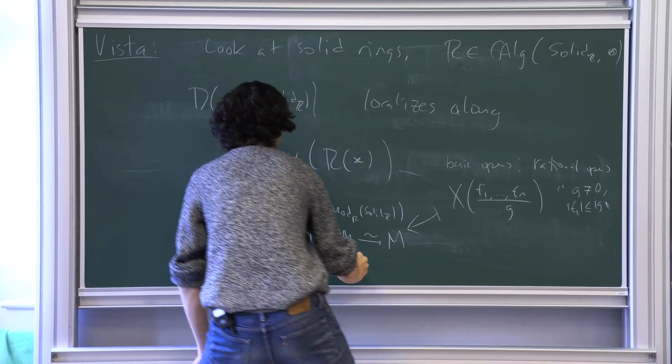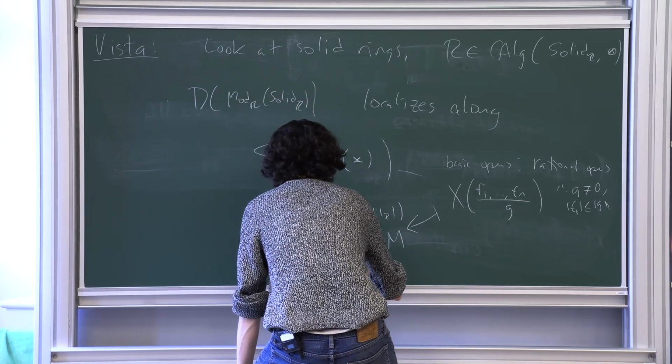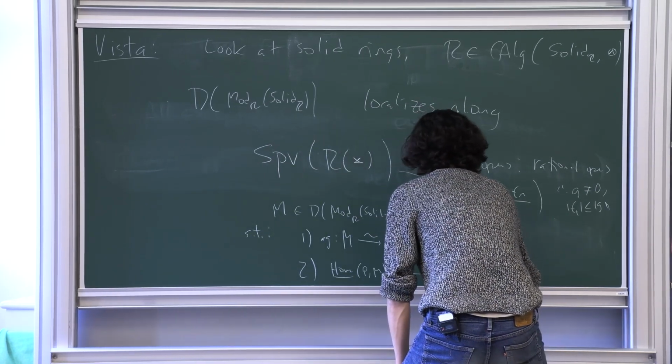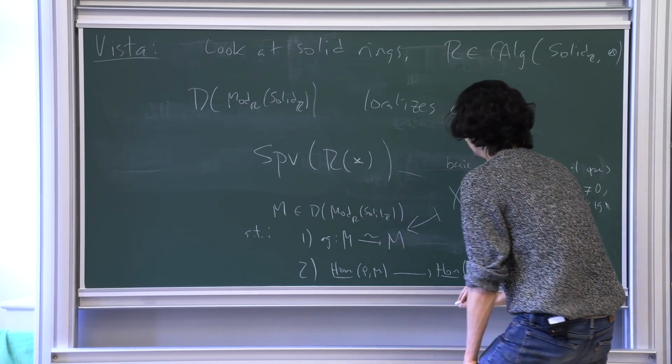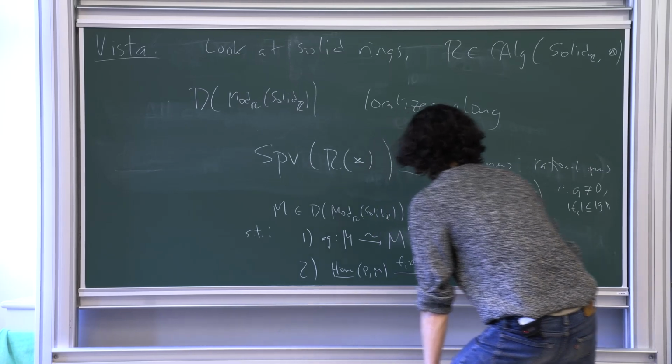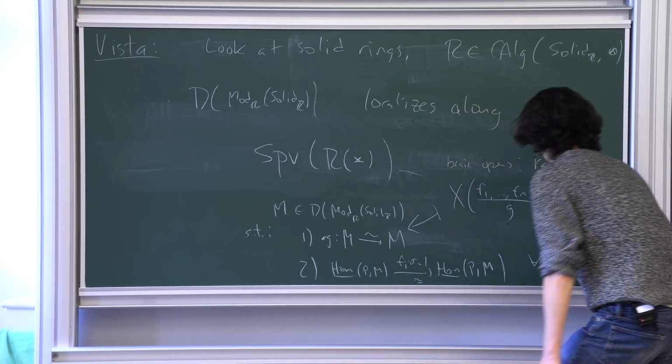And second, if you take the internal Hom from P to M, and you take Fi times shift minus 1, this should be an isomorphism for all i.